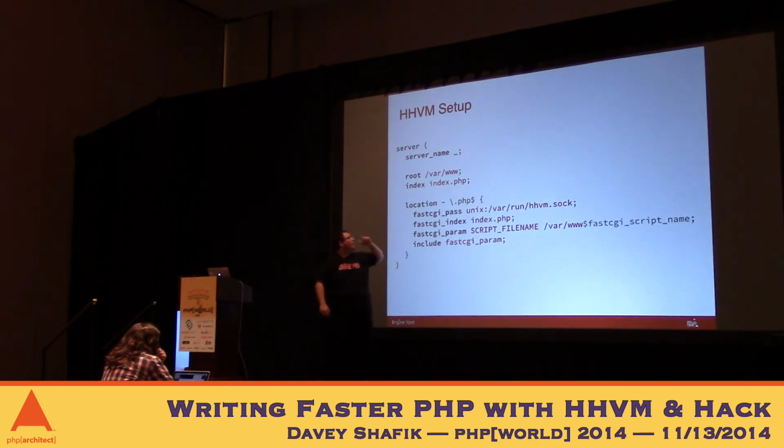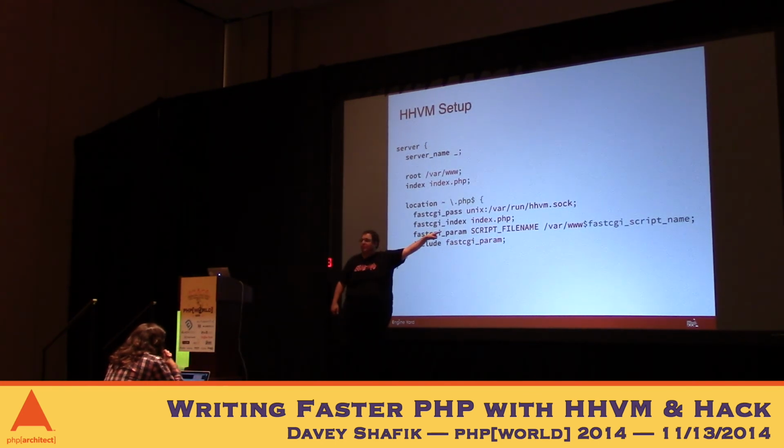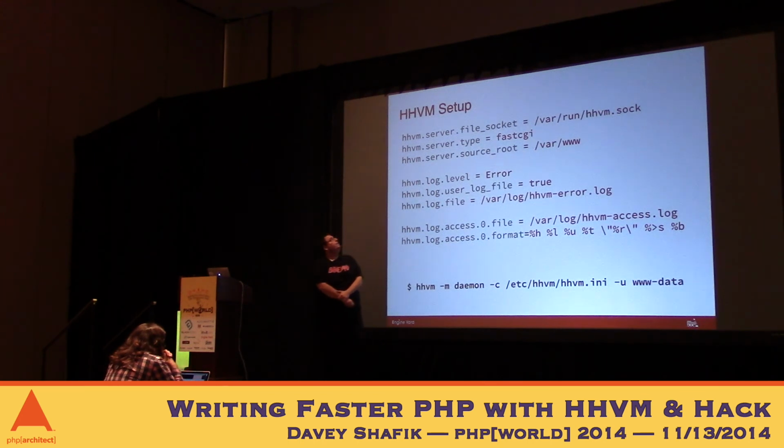So this is what the Nginx config looks like. I have a server block, server name underscore, because I want everything to run on this. And this is literally identical to regular PHP. Basically, here we have fastcgi_pass to the HHVM sock instead of the PHP FPM sock. That's the only difference here. So that's great. HHVM itself does need to be set up, just like PHP FPM does. It's a very simple INI type file.